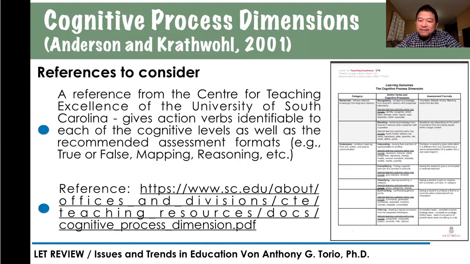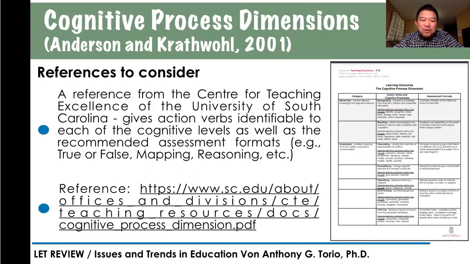And then finally, the last reference is from the Center for Teaching Excellence of the University of South Carolina, and it gives action verbs identifiable to each of the cognitive process dimension, as well as the recommended assessment formats, which is interesting for us who would like to create examinations.